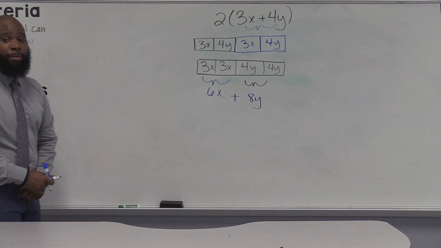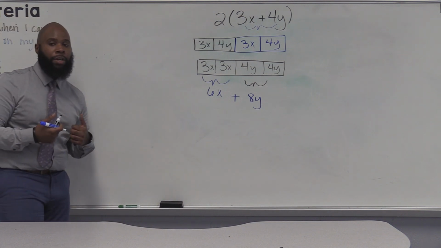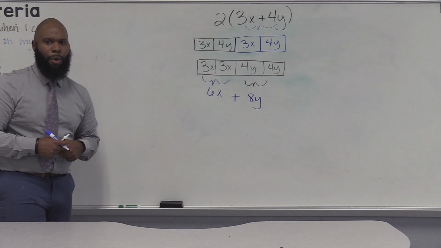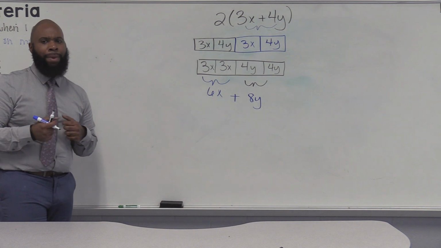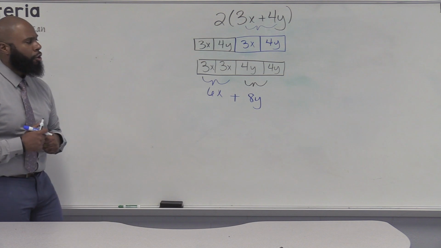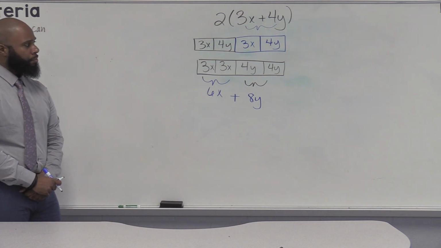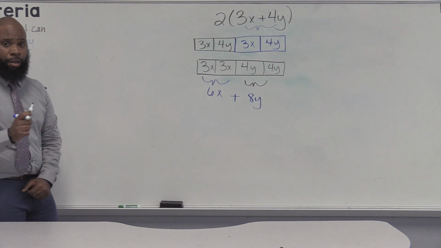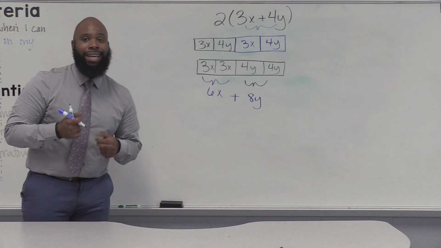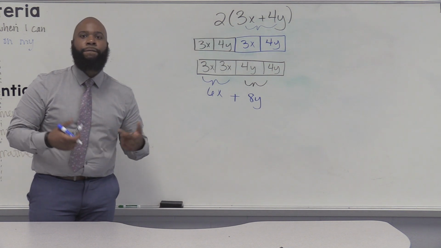When there is a number outside the parentheses, I will multiply it by all the terms on the inside of the parentheses. Why do you think we might not always want to draw a model? Correct. It will take too long to draw a model, especially if we're multiplying by a larger number, like 14.